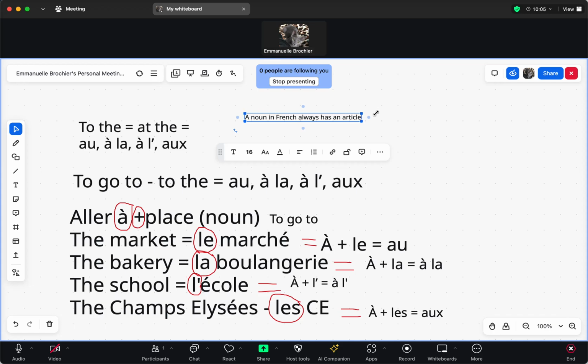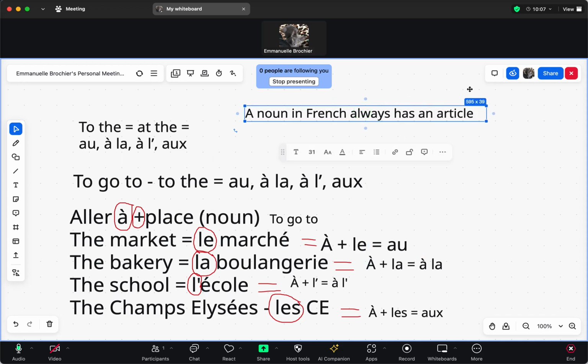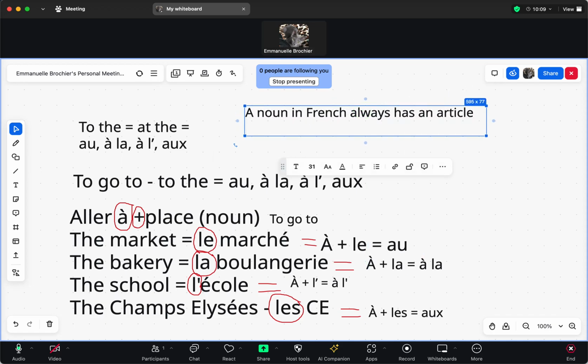That means if I talk about, I don't know, the bicycle or the car, it's going to be la voiture. So the problematic part in French is to know if the noun is feminine, masculine, or starts with an apostrophe. Why does it start with an apostrophe? Because the noun starts with a vowel or the letter H, or it's the plural form, which is just les.